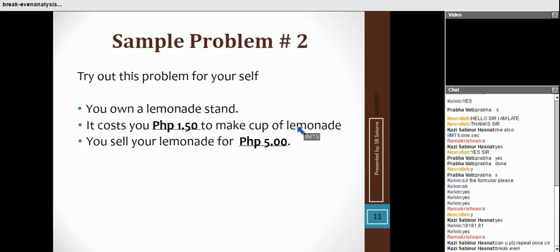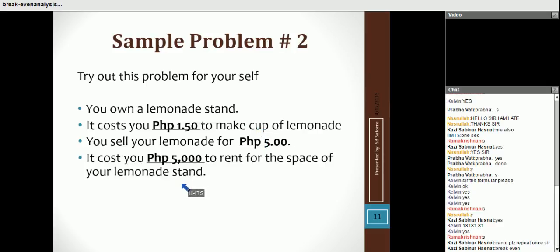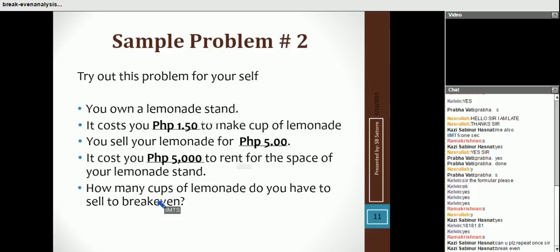The cost of making a cup of lemonade is 1.50. The selling price is 5, and 5,000 goes on rent for occupying the space of the shop. How many cups of lemonade do you have to sell to break even? Now everyone please calculate this and tell me the answer.